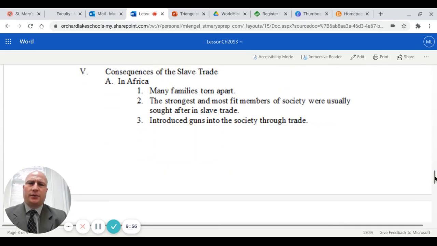But what we'll take a look at here is Roman numeral 5, the consequences of the slave trade. In Africa, many families were torn apart. Usually these slave traders were looking for the strongest and most fit members of society. So they were usually taken away, which left the tribal associations back in Africa without their greatest people.